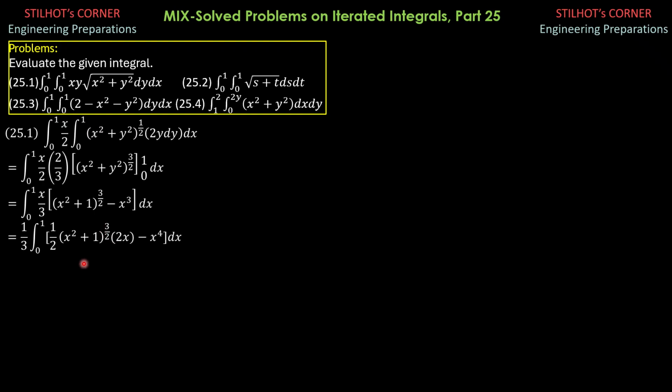So that will be 1/3 times the quantity 1/2 of the reciprocal of 5 halves, 2/5. 1/2 times 2/5, so 1/5. 1/3 integral of 1/2 times 2/5 quantity x squared plus 1 to the 5 halves, then minus x to the 5th over 5 from 0 to 1. So we cancel out 2, then factor out 1/5.